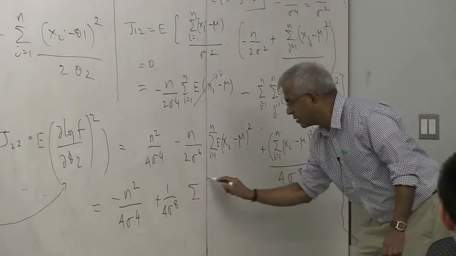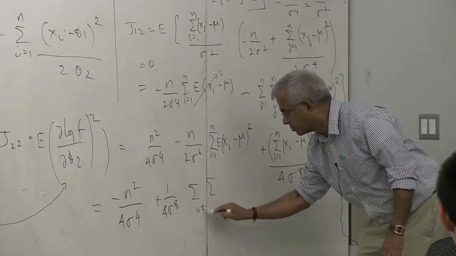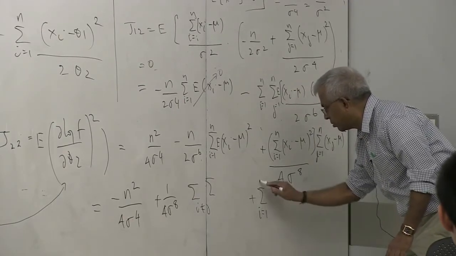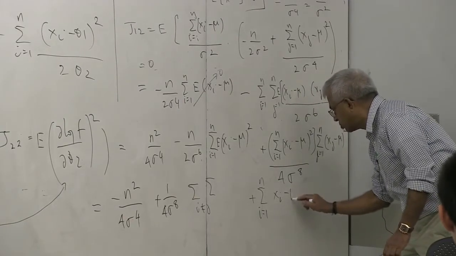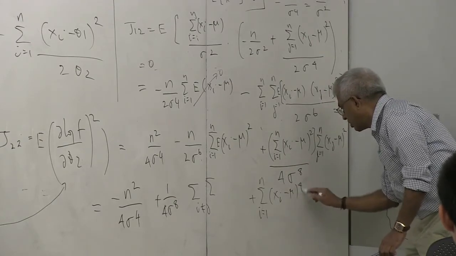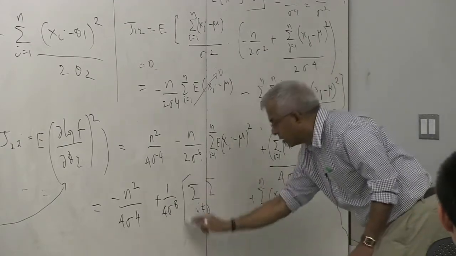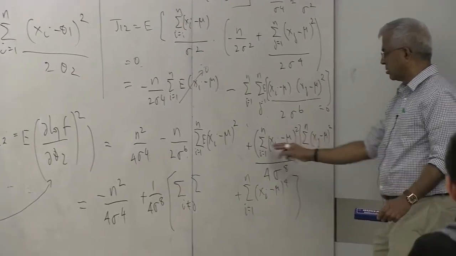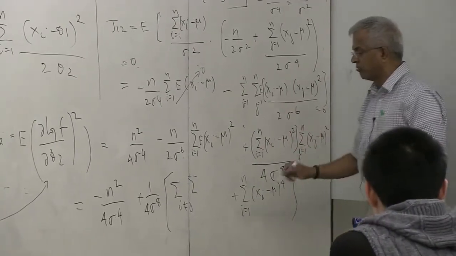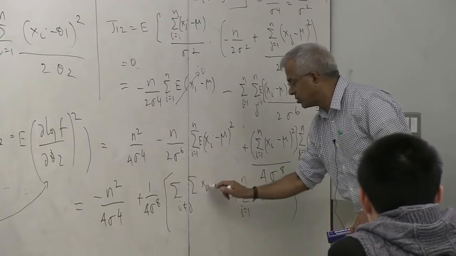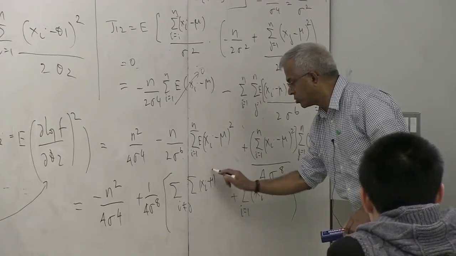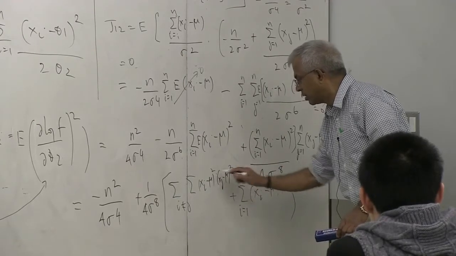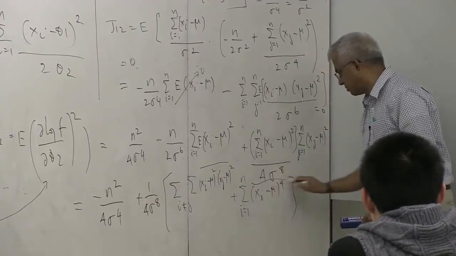So here I get again i not equal to j and i equal to j. When i equal to j, this becomes (xi minus mu) to the power 4. When i is not equal to j, I get (xi minus mu) squared multiplied by (xj minus mu) squared. Everything expected value, okay?